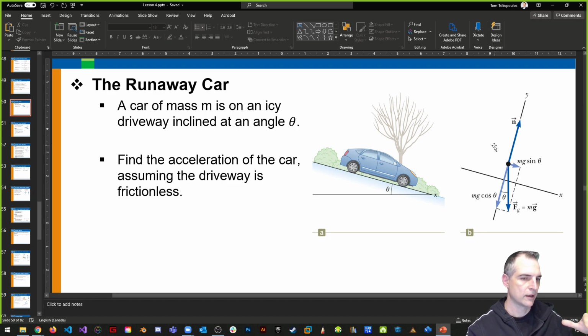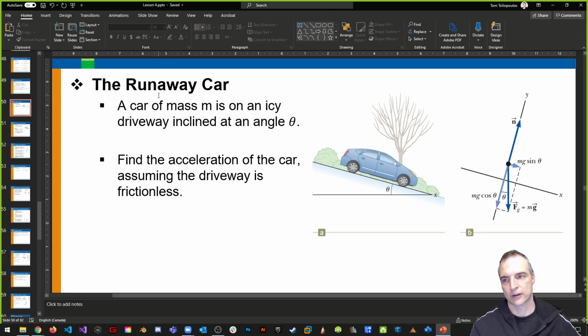Normally, I would say on the x-axis it's cosine, and on the y-axis it's sine. But not so in this case, because we've rotated our frame of reference. Now we have sine on the x-axis and cos on the y-axis, and this is only for inclined planes, in this case, the ones we've learned.